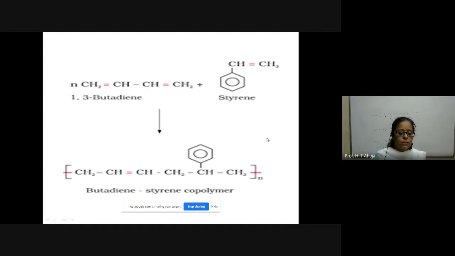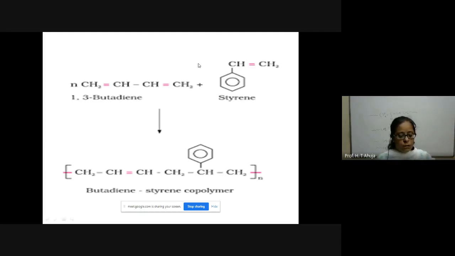Now see the reaction on the screen where I have a monomer, that is 1,3-butadiene, which we have already seen during the polyisoprene unit. See the structure over here. At the 1 and 3 positions, you have double bonds, so we call it 1,3-butadiene.